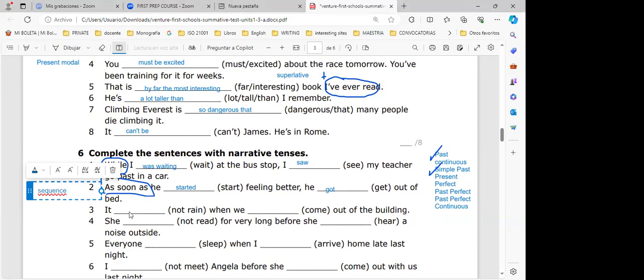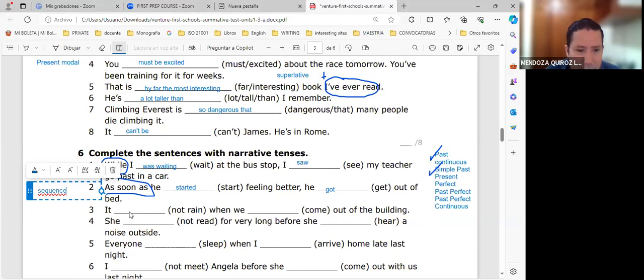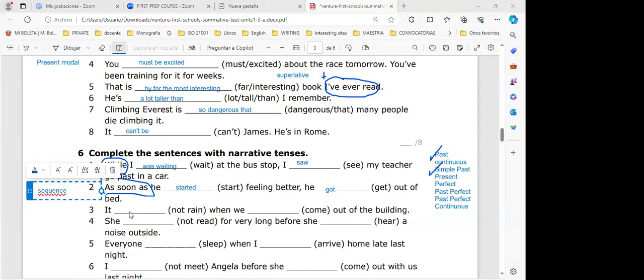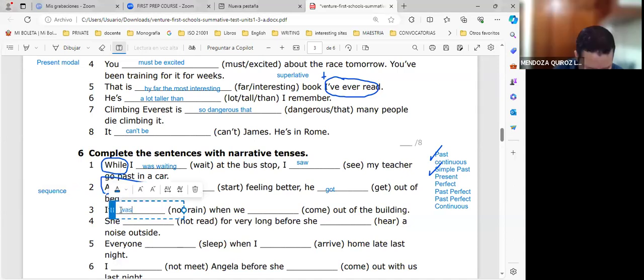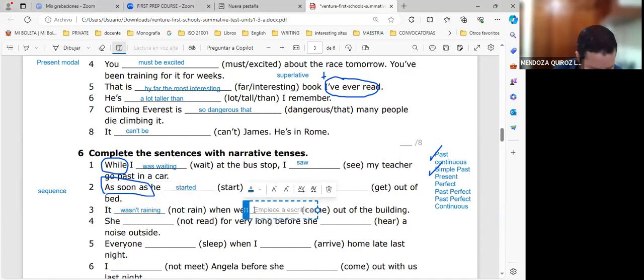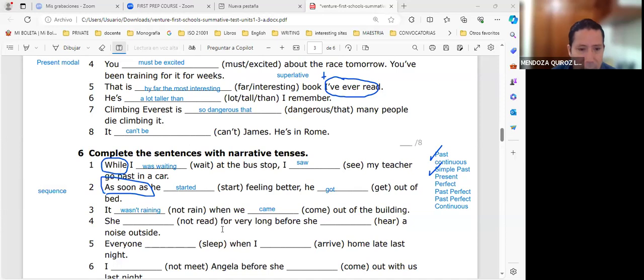It was not raining when we came out of the building. It wasn't raining, no? It wasn't raining when we came out. Great, Mario.